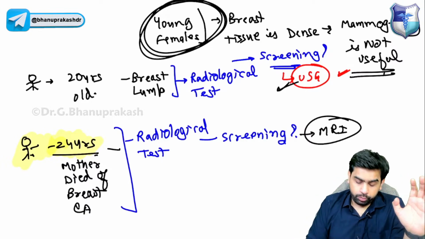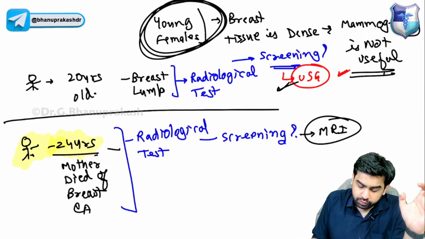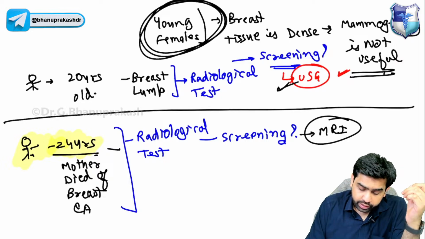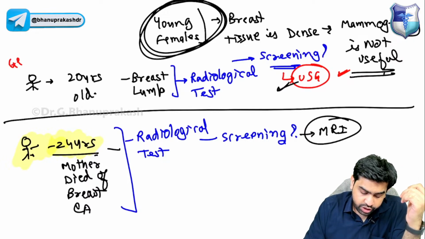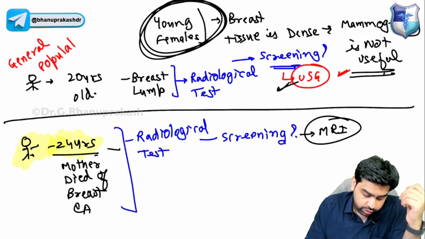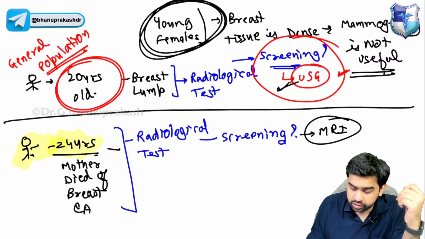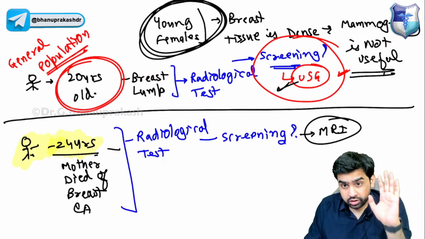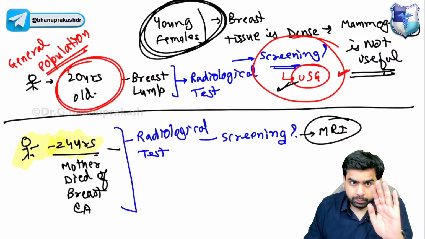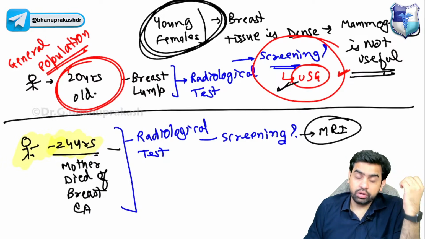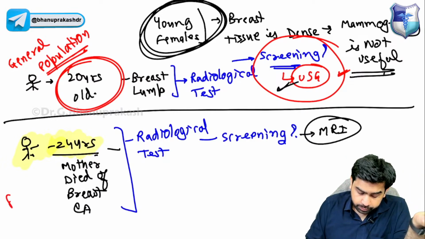What is the difference between the first female and the second female? The first is in the general population. In the general population, the radiological screening investigation of choice for young females is ultrasound. But in this case there is familial breast cancer.